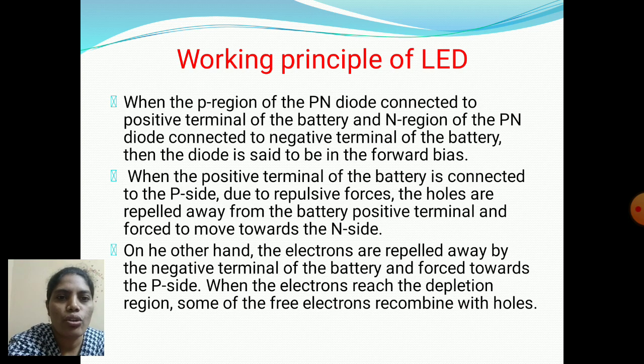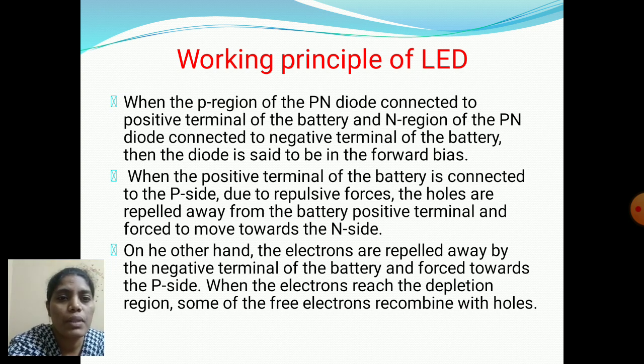When the P region of the PN diode is connected to the positive terminal of the battery and the N region to the negative terminal of the battery, we can say that it is forward biased. When the positive terminal of the battery is connected to the P side, as the P side is highly positively charged and the positive terminal of the battery is also positive, they are like charges, so we can see repulsive force here.